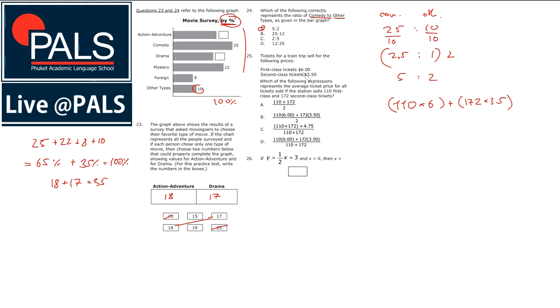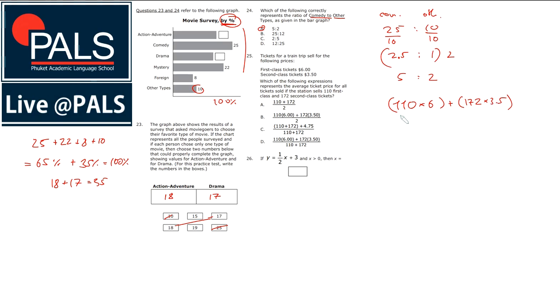So since we only have really two numbers here, that's 6 and 3.5. But how often do we have these numbers? We have 6 110 times and we have 3.5 172 times. So we can just write that as a multiplication. 110 times 6, that's how often we have the 6, and we have the 3.5 172 times.